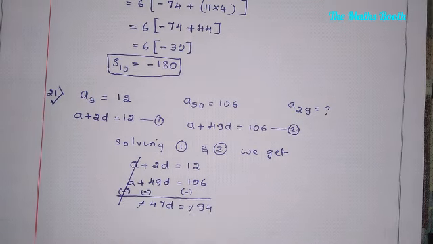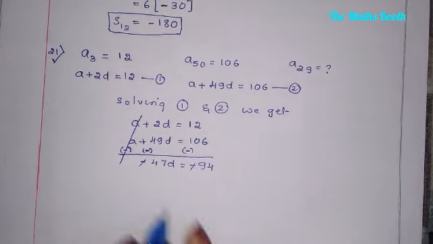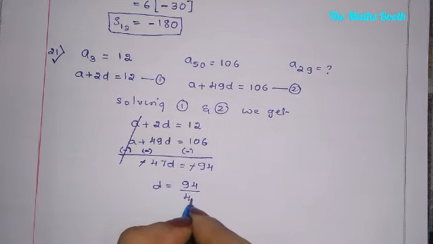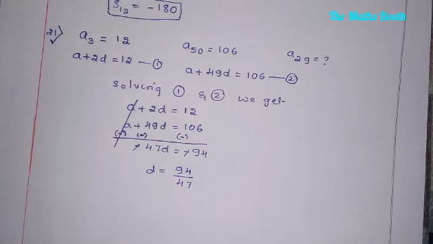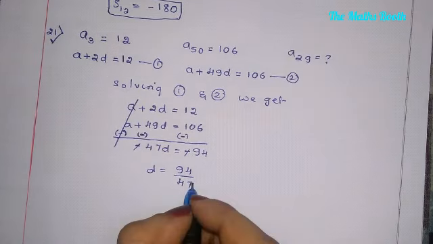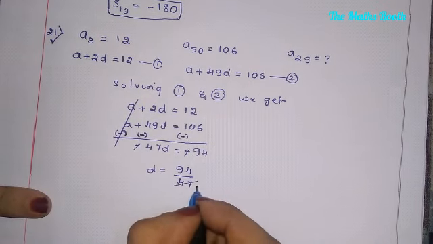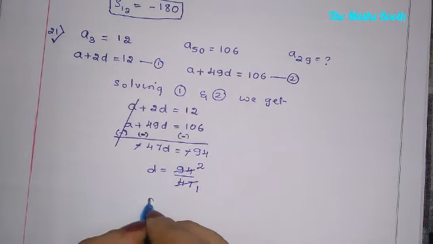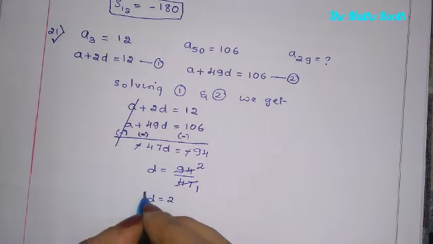Minus minus gets cancelled. d is equal to 94 by 47. 47 ones are 47, 47 twos are 94. We can cancel here. d is equal to 2.